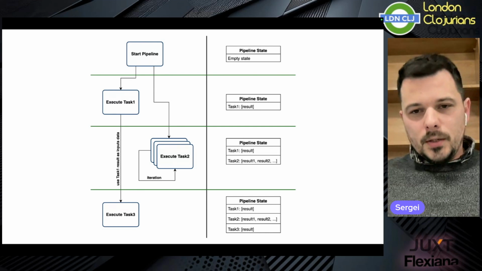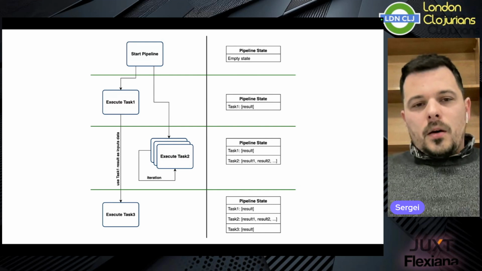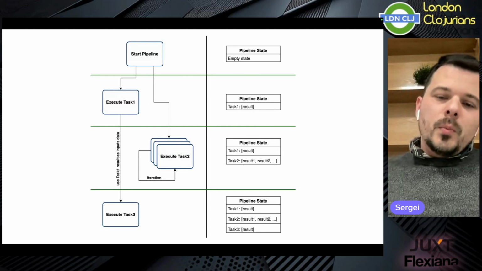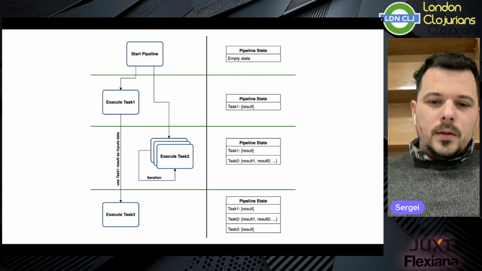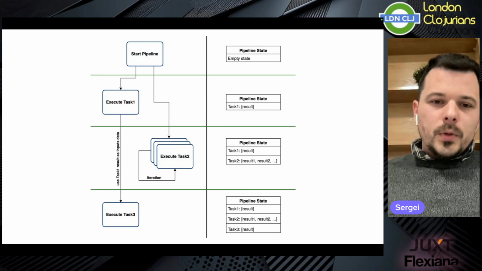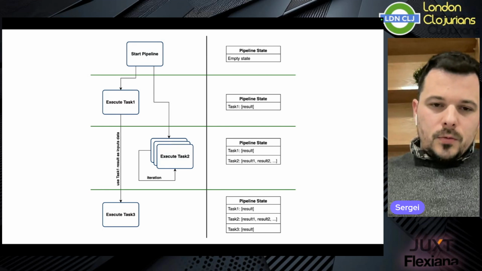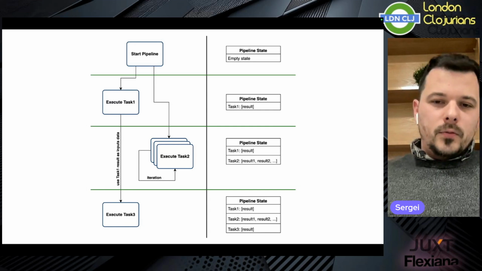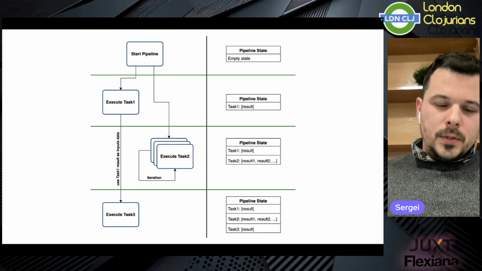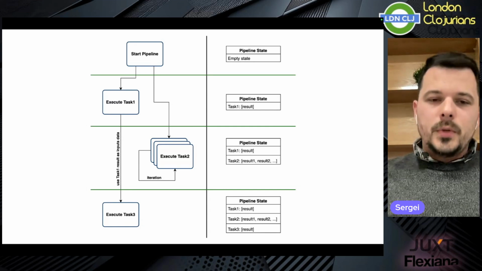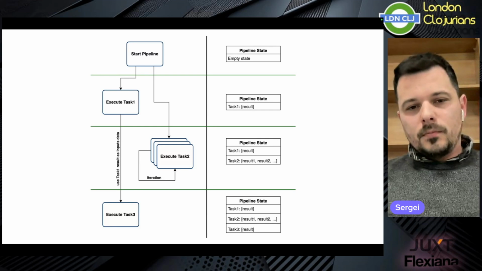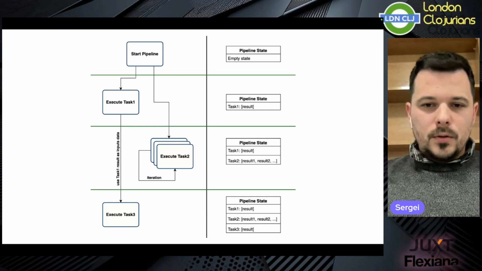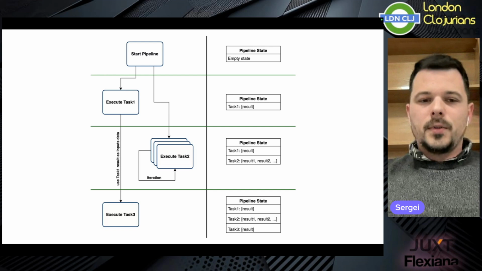As we execute more and more tasks, this pipeline state will grow, and there will be new keys with new results. And if you use an iteration, every result from every iteration will be added to a sequence, and the whole sequence will be stored as the task result for that specific task.